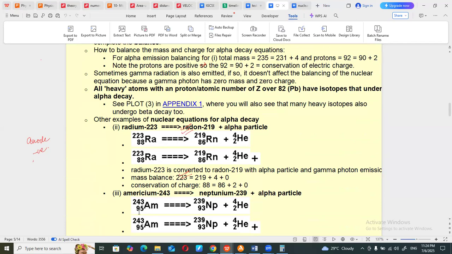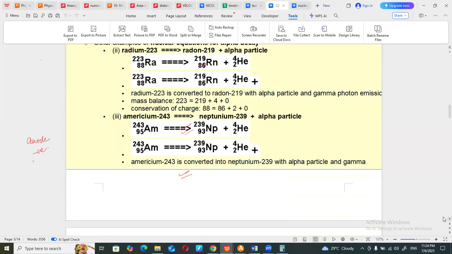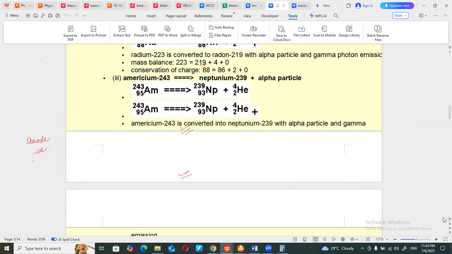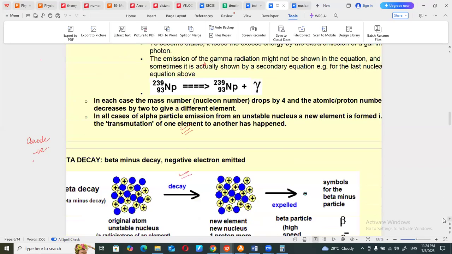You can see that the proton number is reduced from 95 to 93, so by 2, and the nucleon number 243 is reduced to 239, so reduced by 4, along with the helium nucleus. So whenever helium is released, the proton number is reduced by 2, while the nucleon number is reduced by 4, right?